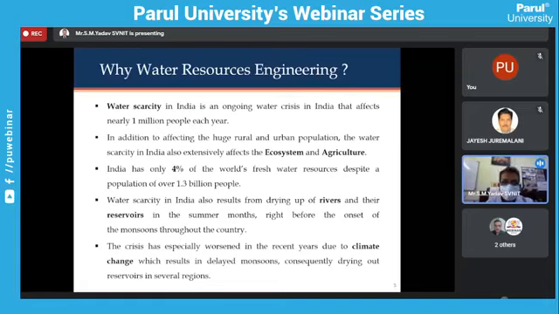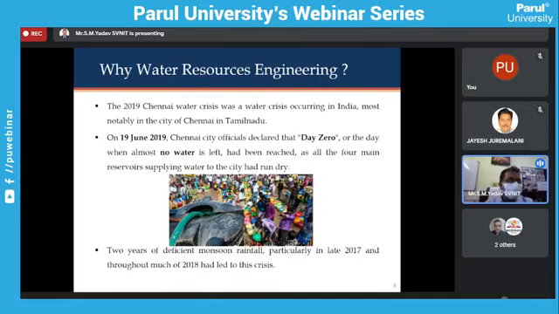The crisis has especially worsened in recent years due to climate change, which results in delayed monsoon, consequently drying out reservoirs in several regions. You know that the 2019 Chennai water crisis was a water crisis occurring in India, most notably in the city of Chennai in Tamil Nadu.